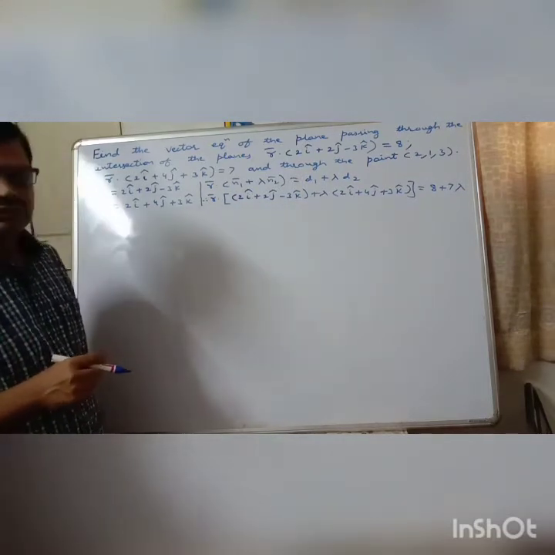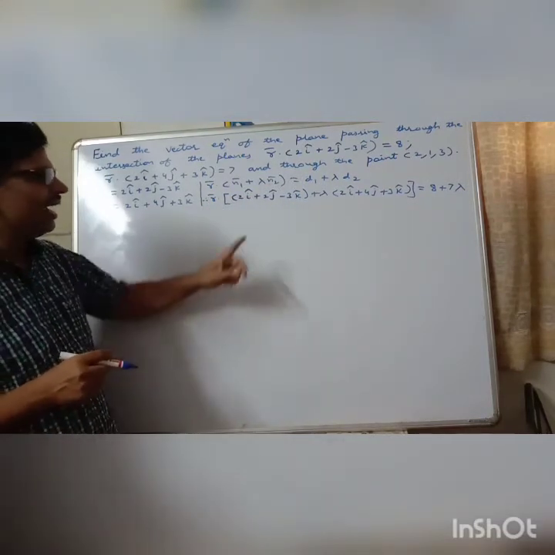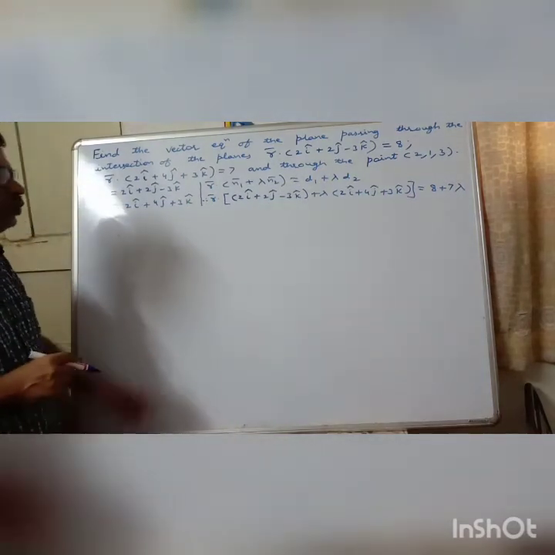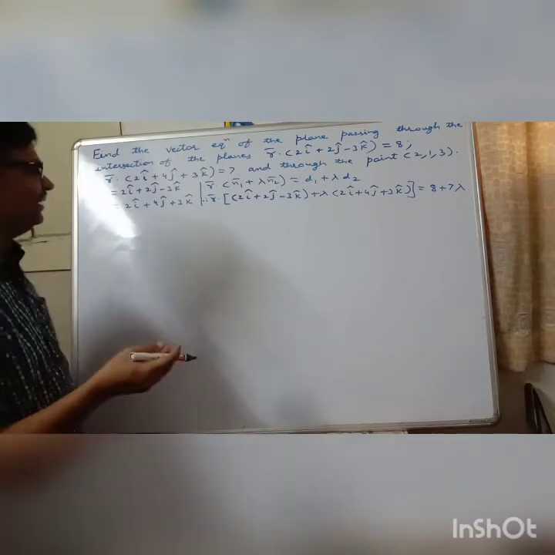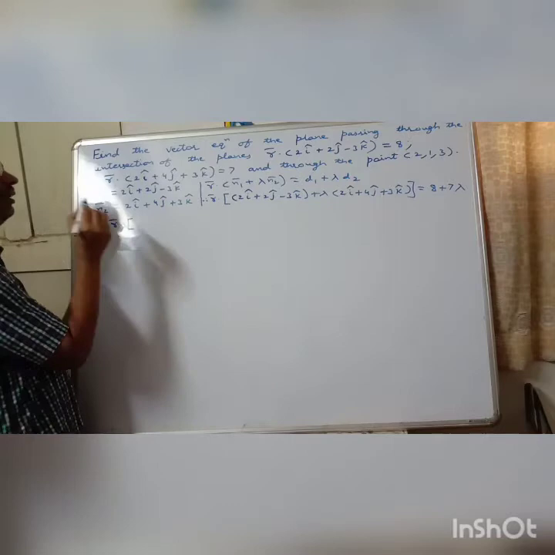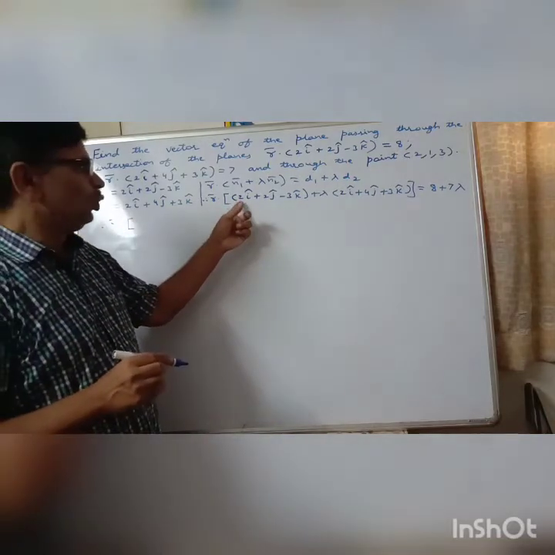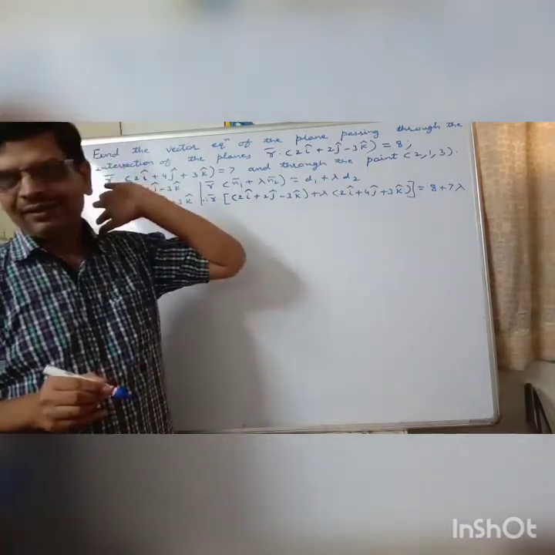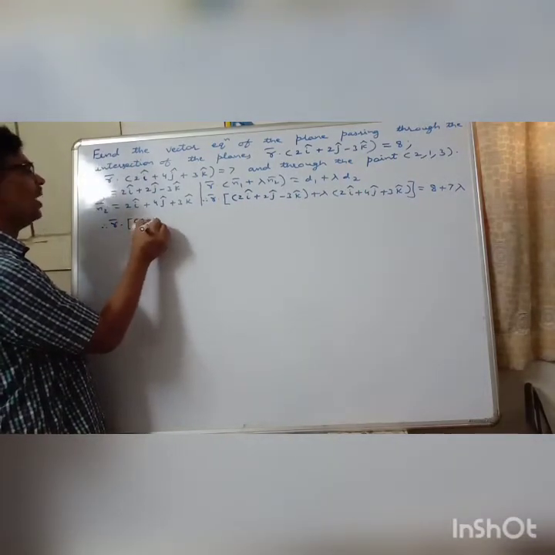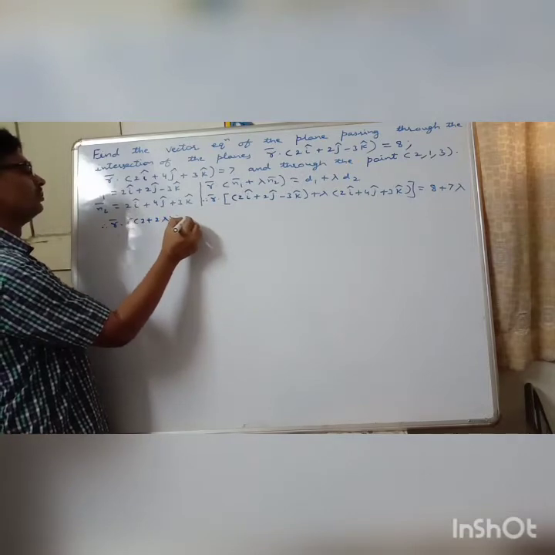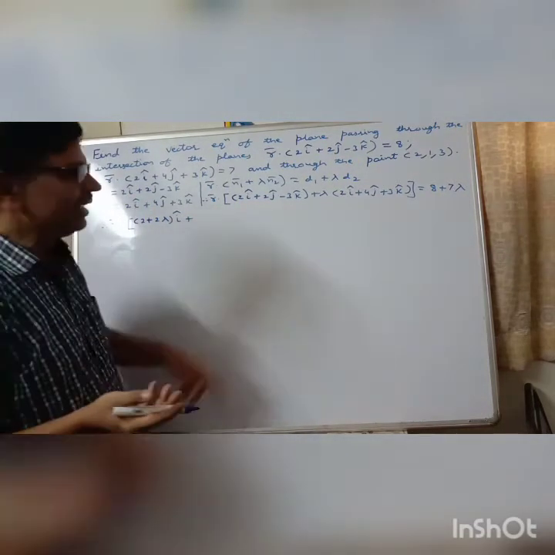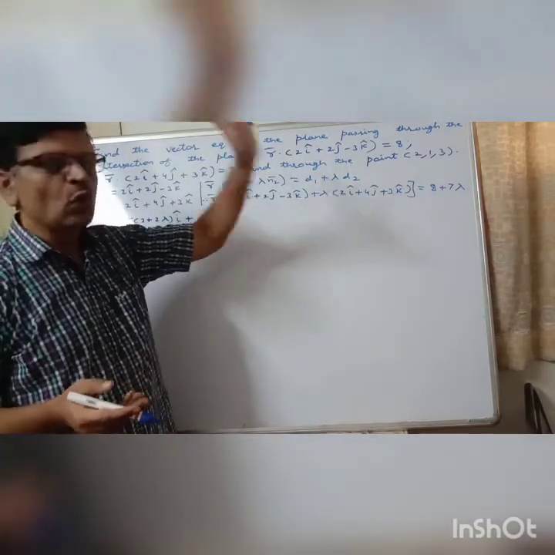In bracket, there are two terms containing i, two terms containing j, two terms containing k. So we shall collect terms of i, j, k. R bar dot 2i plus 2 lambda. If we take i common, we get in bracket 2 plus 2 lambda, plus collect terms containing j, 2j plus 4 lambda j.